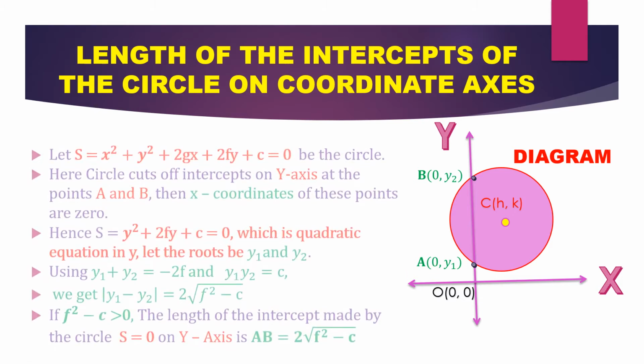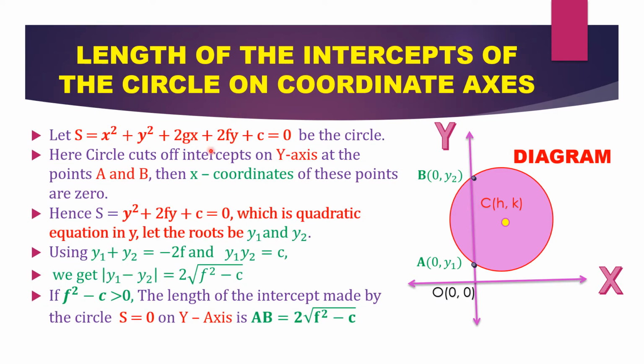In the same way, we put x equals 0 in the given equation of the circle, then the equation will be y square plus 2fy plus c equals 0, which is also a quadratic equation in y. Now the roots will be y1 and y2. Using the sum and product of the roots, y1 plus y2 equals minus 2f and y1 y2 equals c.